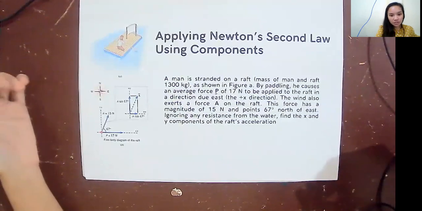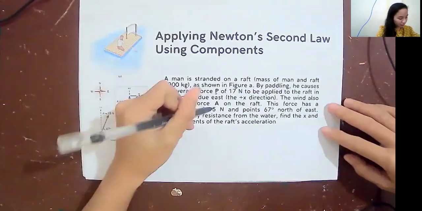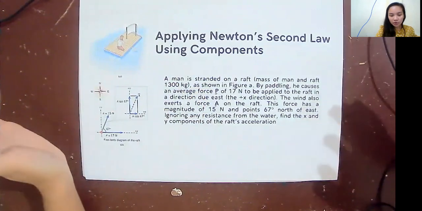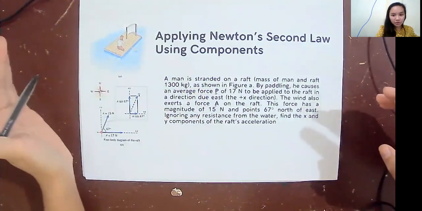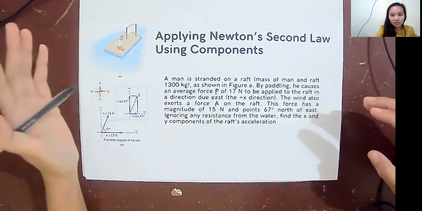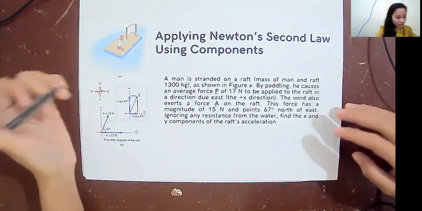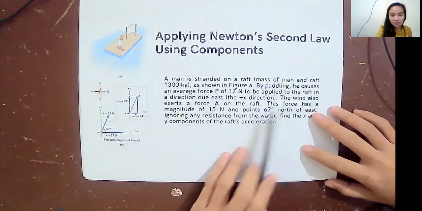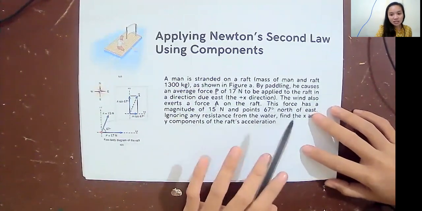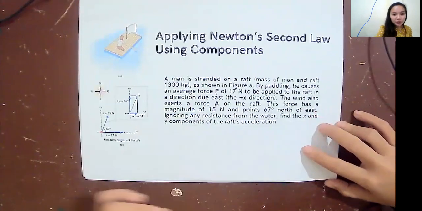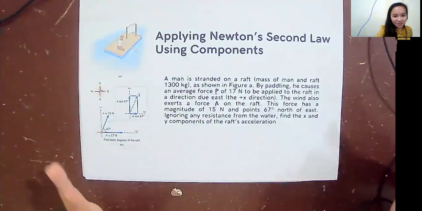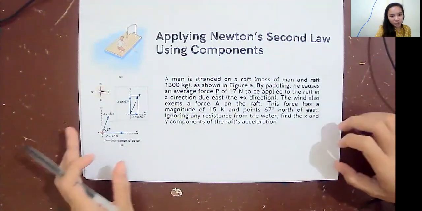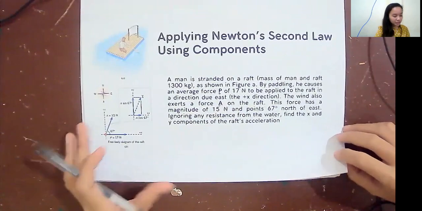And then the wind also exerts a force A. Okay, let's call this force A on the raft. And then this force has a magnitude of 15 newtons and points 67 degrees north of east. Okay, so here vectors come in. It's because our force here is directed 67 degrees north of east. Now, ignoring any resistance from the water, find the x and y components of the raft's acceleration.